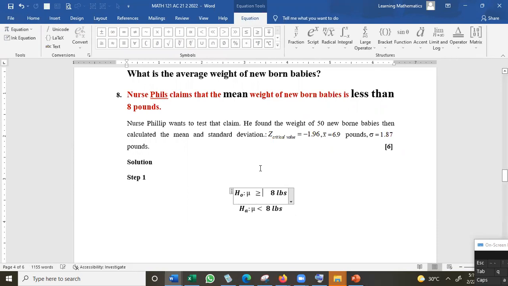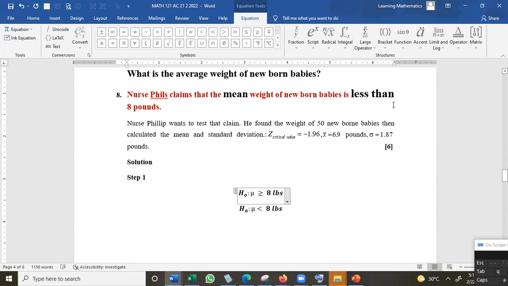By the way, some books in your higher level stats just put an equal sign for all the H0, no matter what you put for the HA. So prepare yourself for that. But here we can put more than or equal to. The equal sign is there. So this is step number 1.